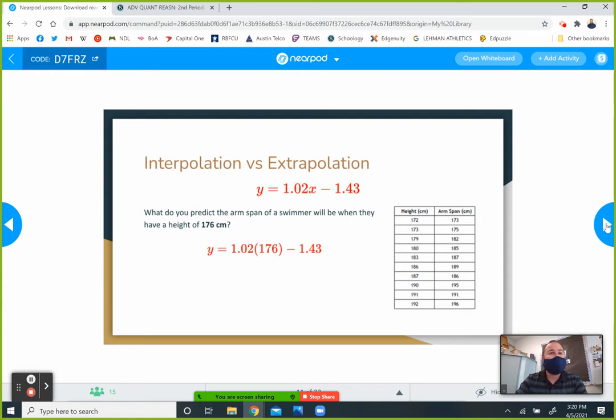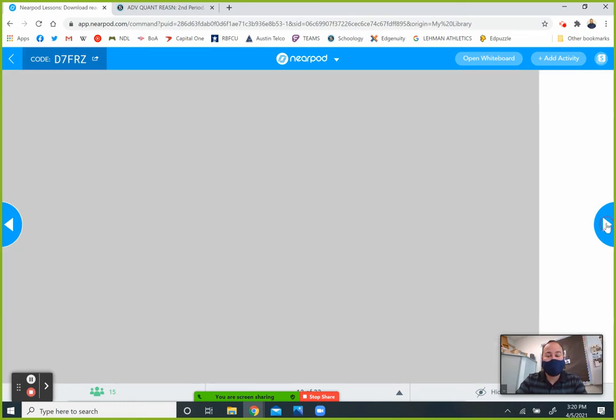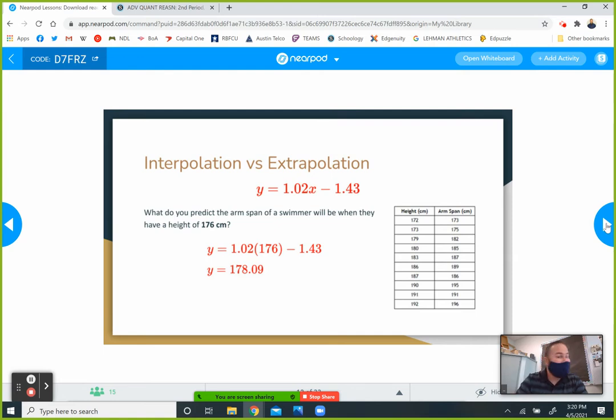What'd you get, Christian? 178.09. So somebody who has a height of 176 might have an arm span of 178.09 based on our equation, based on that data, right? Does that make sense? We use that equation that got created for us. This is an example of what's called interpolation.